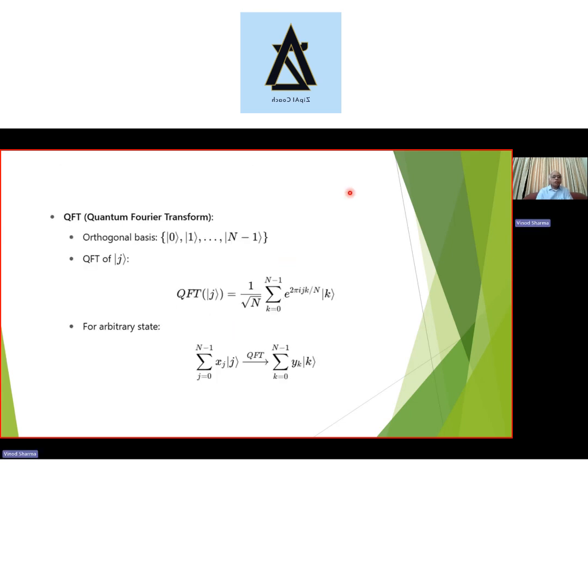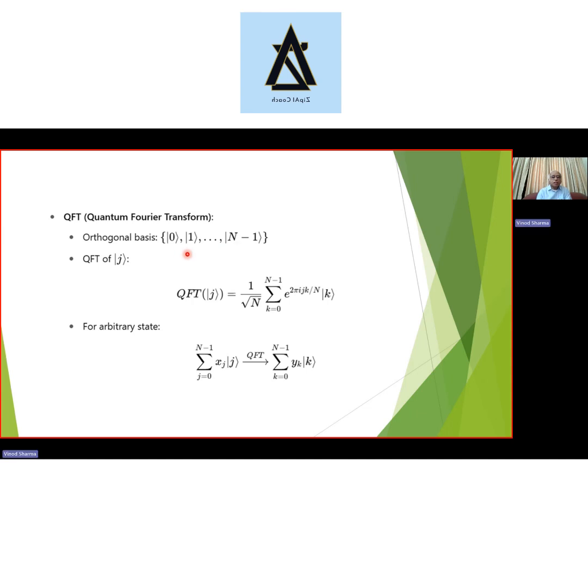The corresponding quantum Fourier transform is for the same size of input of length n. You make first an orthogonal basis vector 0, 1 up to n minus 1. The interpretation of this is, suppose n is 4, then n minus 1 is 3, then this means that these are vectors 00, 01, 10, 11.